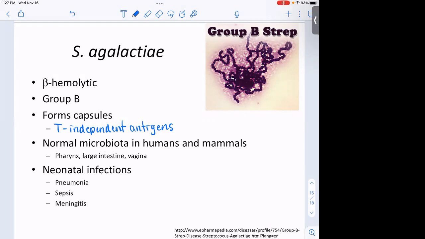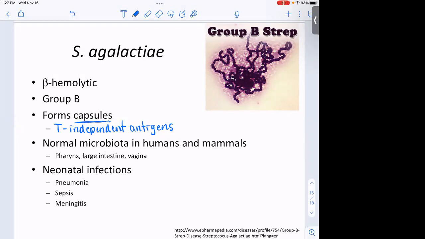In our response to T-independent antigens, we talked about how this is a really fast response. It's not as good a response because we only get IgM. There's no memory. And the big problem with this is we said that young children don't have a very good T-independent antigen response. So they don't really make very many or very good antibodies to these kind of antigens that are often parts of capsules of bacteria.